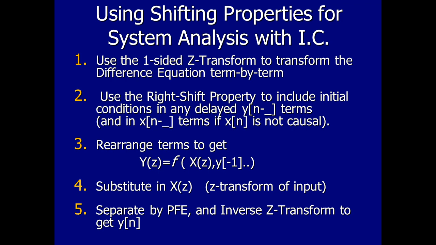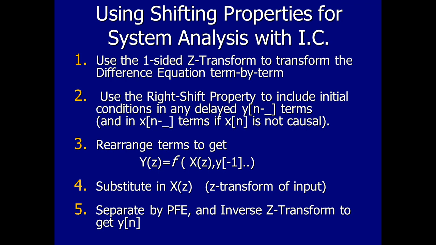Right? Except for a zero input response, what is my X of z? 0. So this is the equation we're going to be solving for the zero input response. And so similarly, we do the same kind of thing. We get Y of z times 1 minus 1/2 z to the minus 1 is now, well, there's nothing over here for X of z.